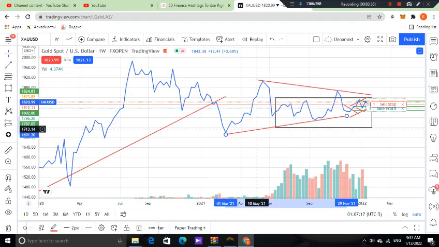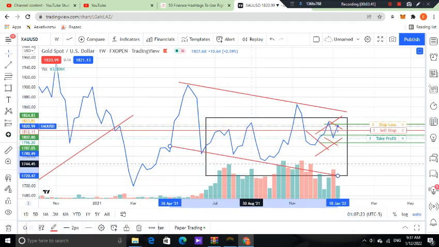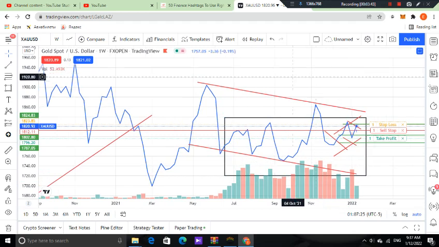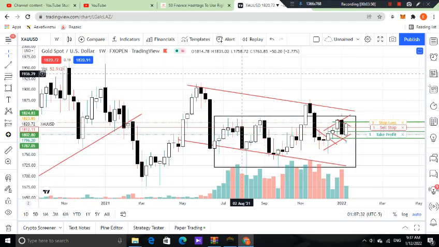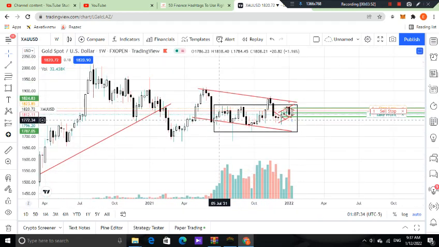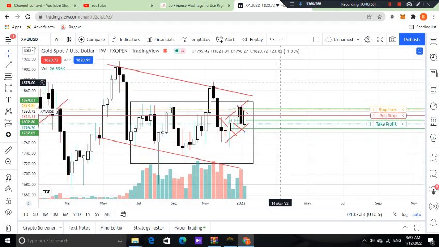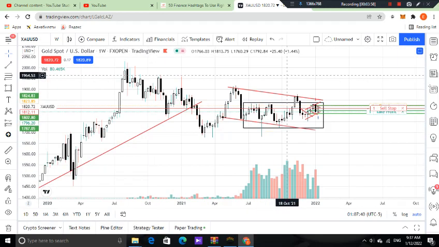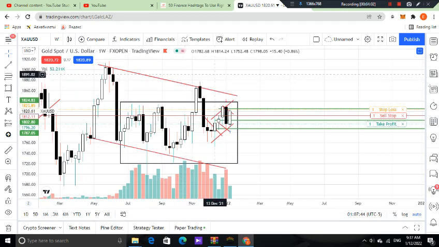And you can also consider it like a channel, and make this chart line-ish so you can see it better. You can also consider it a channel. Yeah, it's a good channel. It's a bearish channel actually.